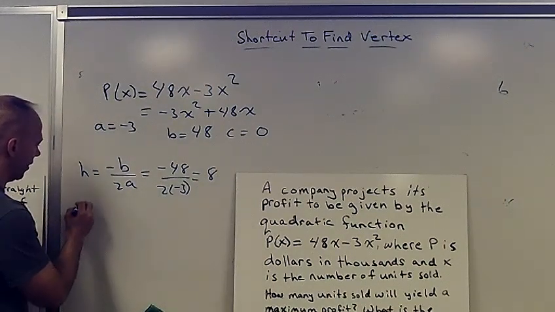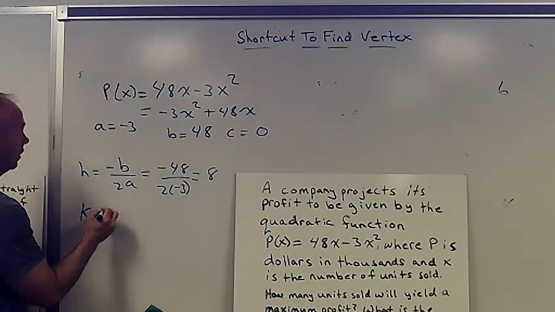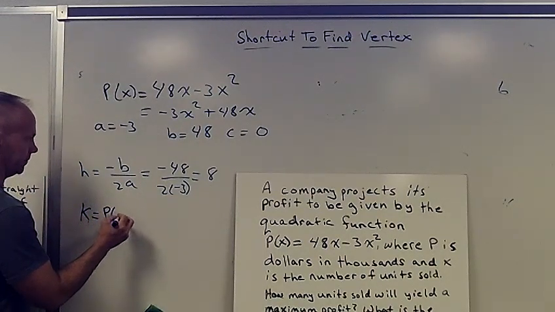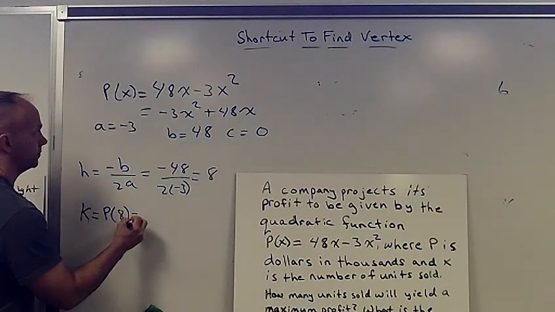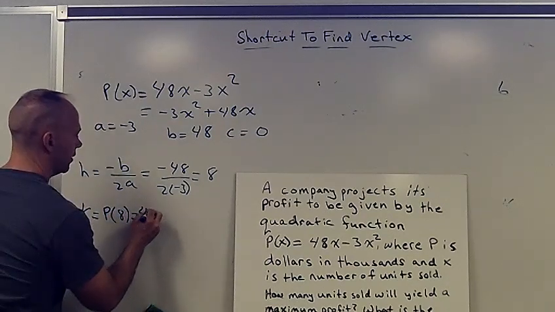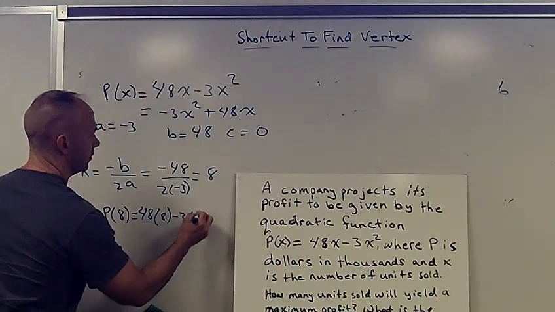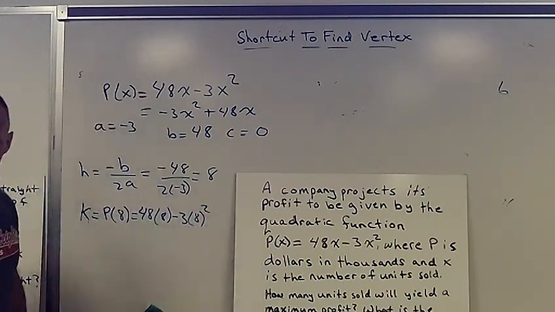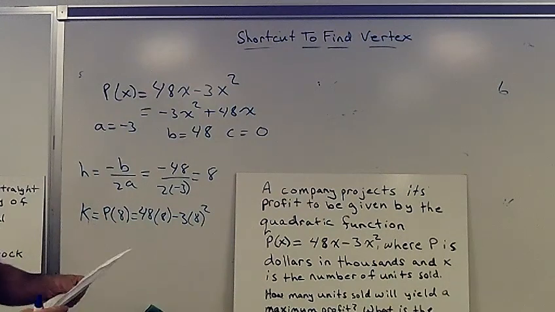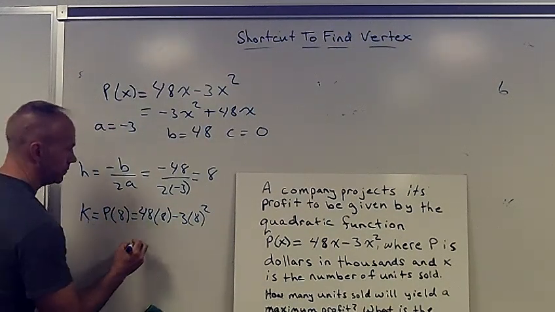Get the rest of our vertex. K is going to be P of 8. And that's going to be 48 times 8 minus 3 times 8 squared. And I believe that crunches out to be 36.